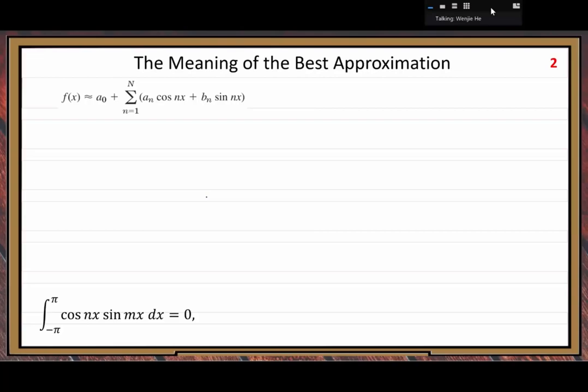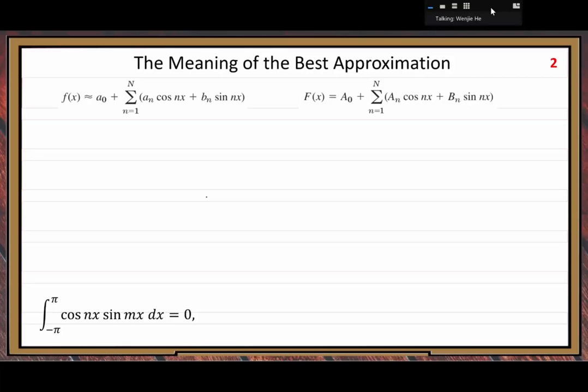So we want to use some nice formula to describe the error part. We compare the degree n trigonometric polynomials.